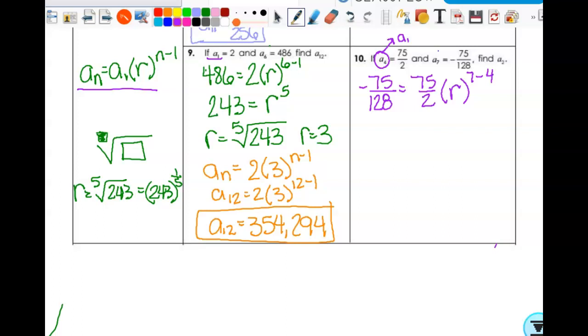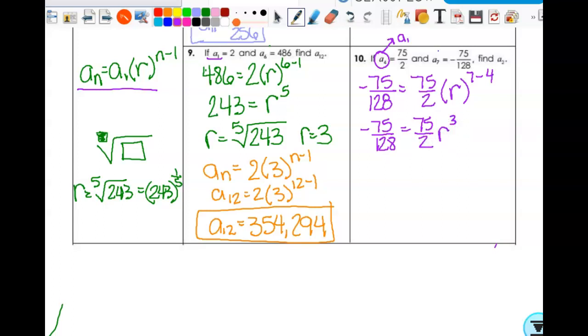Okay, because it's basically saying we're starting the sequence, we're not starting at the first term, we're starting at the 4th term. And since we're starting at the 4th term, there's only 3 between them, and that's why we need a 3 right there. Does that make sense to you? So if you're going to make a pretend first term, the 1 has to change as well. So that means that we get negative 75 over 128 equals 75 over 2 times r to the 3rd power.